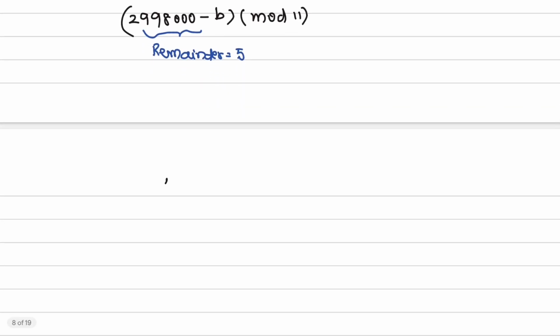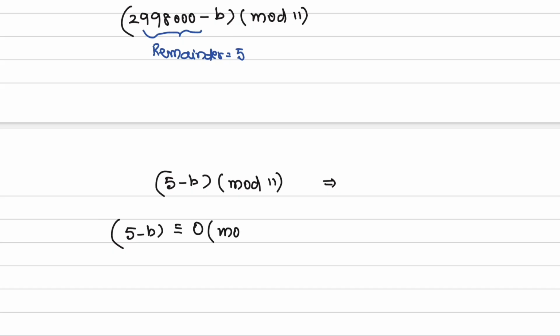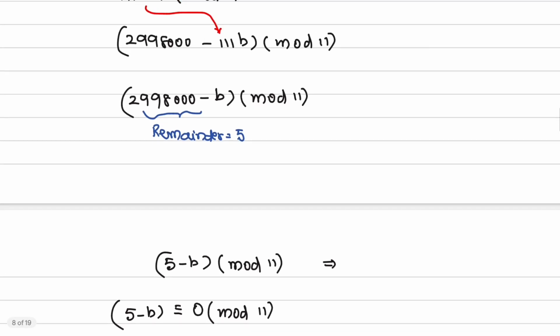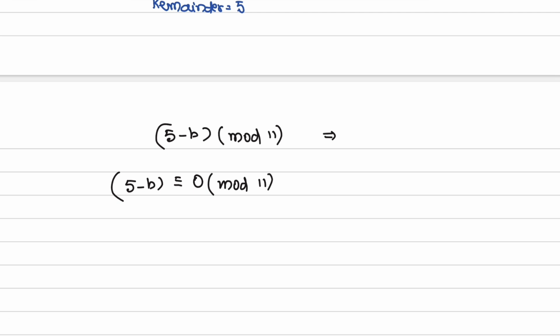This implies 5 minus b mod 11. 5 is the remainder here, which implies 5 minus b is equivalent to 0 mod 11, because 111b we have made it as 1. 2998,000 has remainder 5, 5 minus b mod 11 we found, and when 5 minus b is divided by 11, the remainder should be 0.